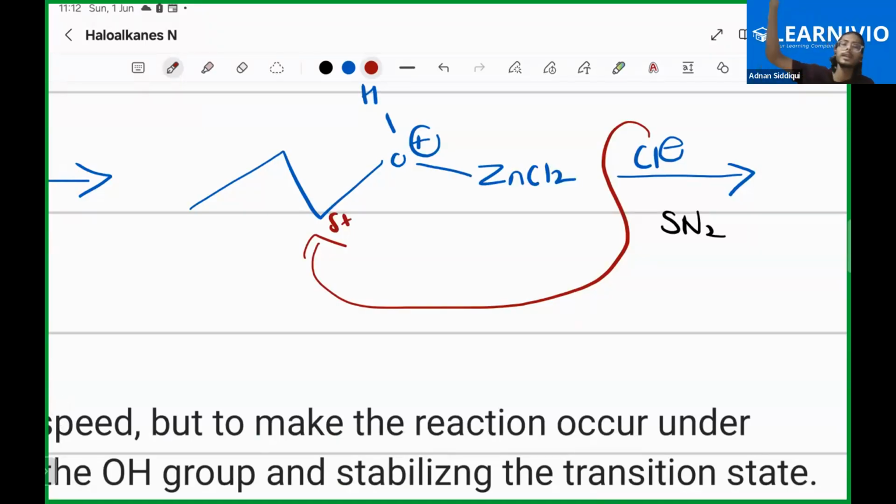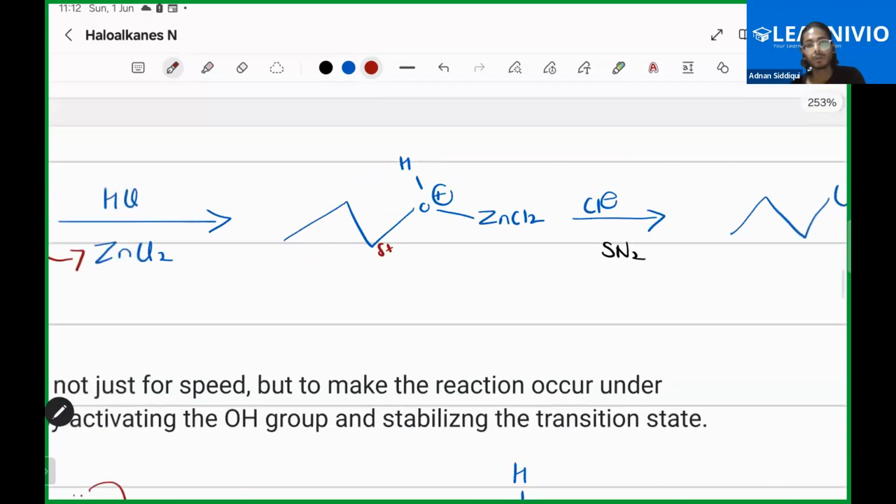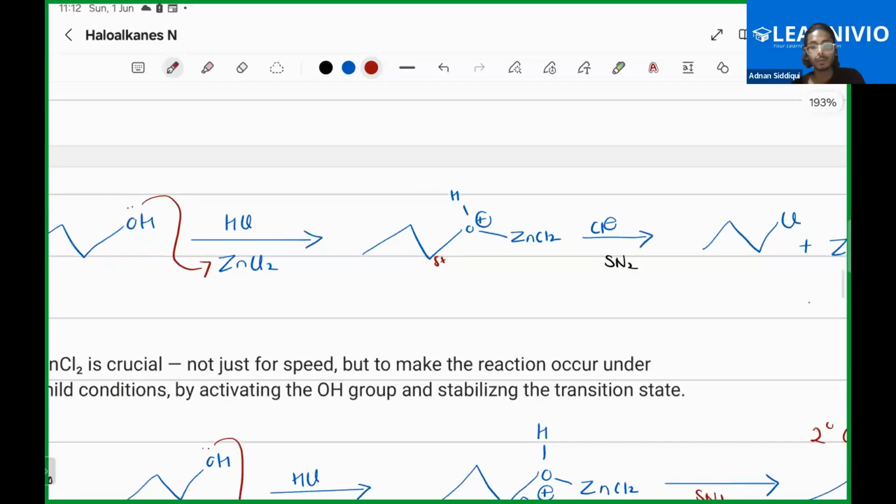If initially it had a tendency to attack with a force of 10, now it has a tendency to attack with 20 force. So now it will go there faster, and the reaction will occur faster. You might observe this reaction in an hour or two or 30 minutes, depending on the length of the chain. So what is Lucas reagent doing?